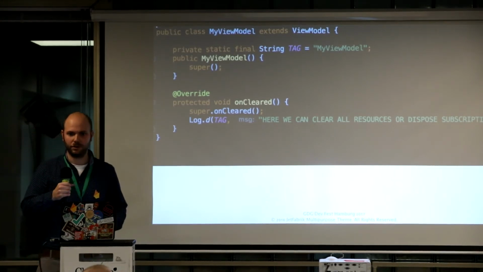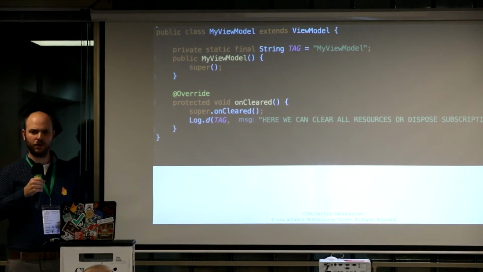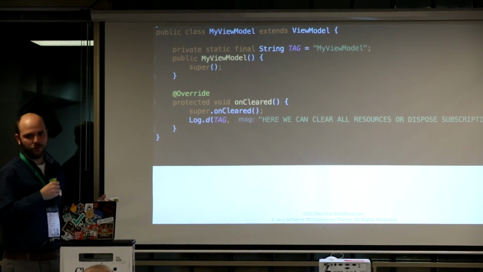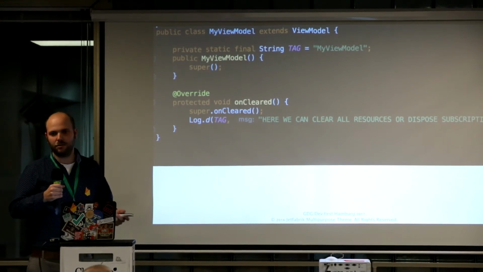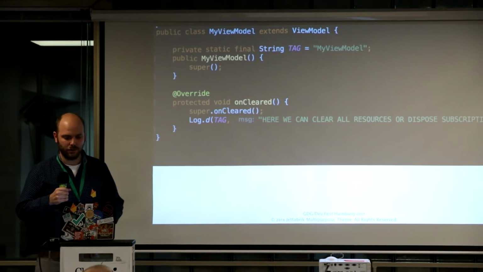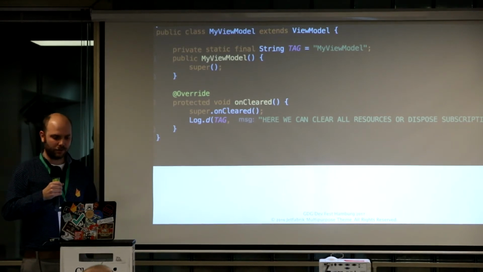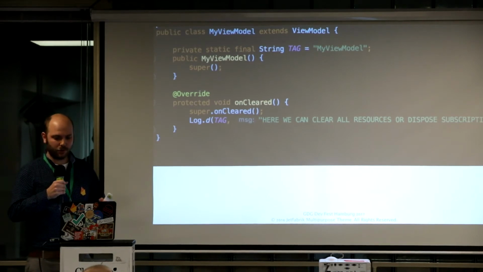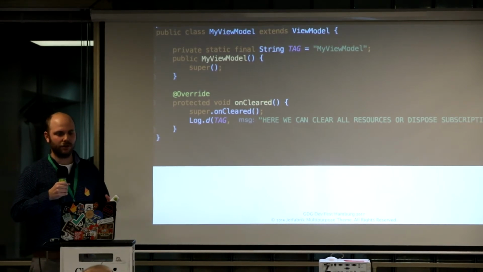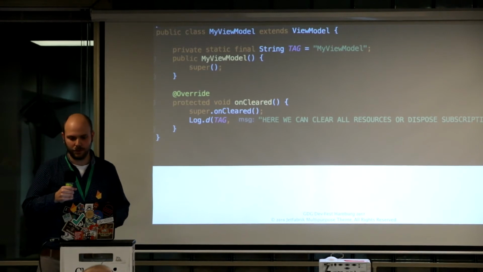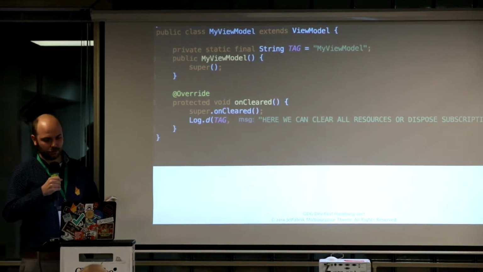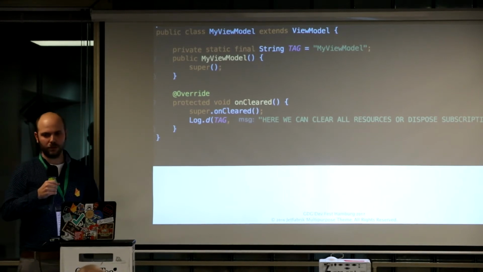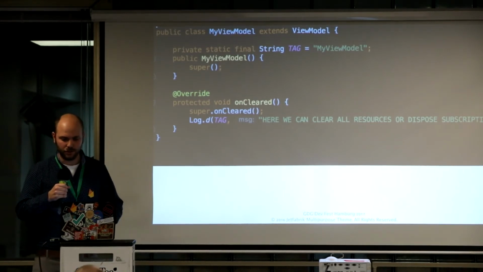The second the operating system says, okay, I don't need this ViewModel anymore, it sends a callback, and this is the place where we can dispose all the unnecessary subscriptions or similar things. It doesn't have to be RxJava, it can be other data sources. The point is that we always have some kind of clearing logic, right, in a lot of cases. And the operating system gives you a mechanism to know, okay, now we need to get rid of all the unnecessary resources.